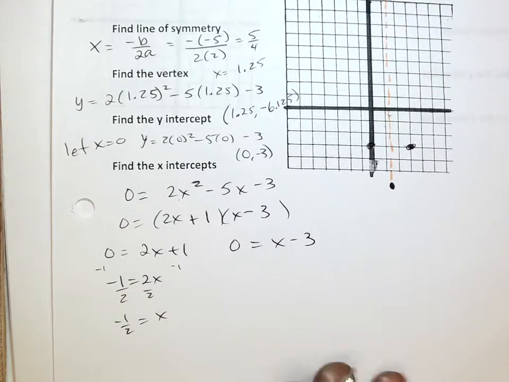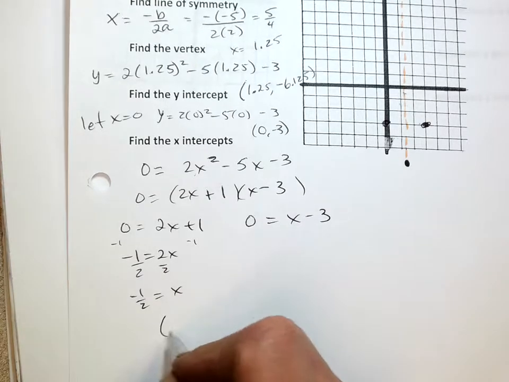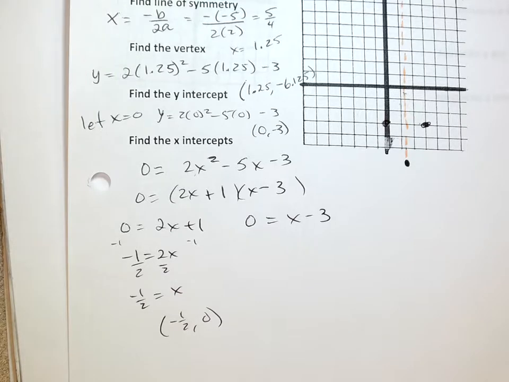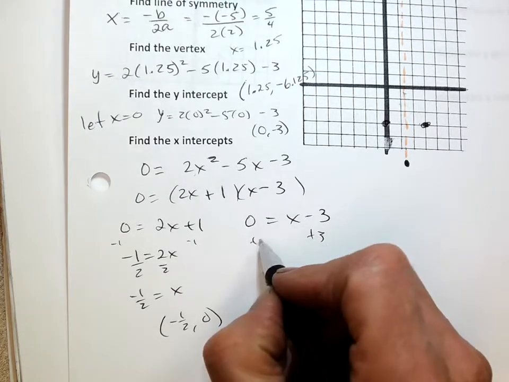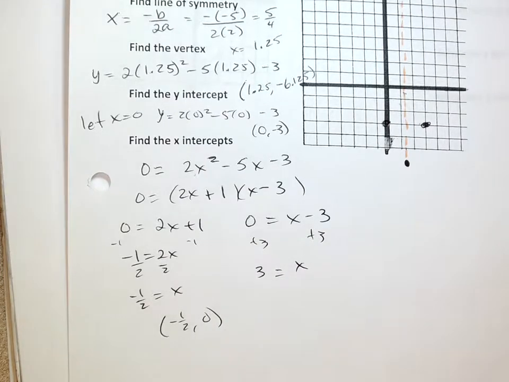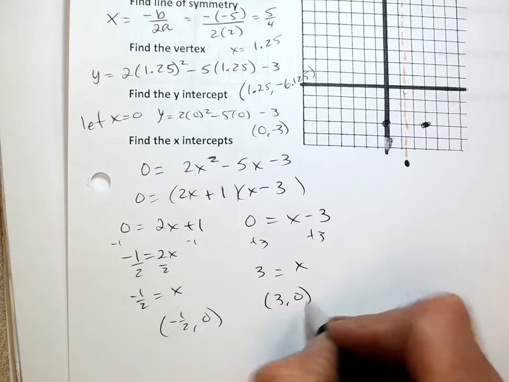That is a point, so the coordinate is negative 1/2, 0. And then the other one, plus 3, we have another x-intercept at 3, so the coordinate is 3, 0.